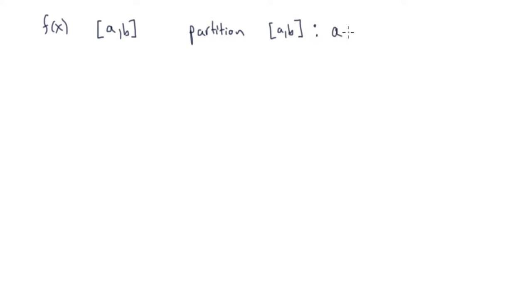So we just pick points. So we'll let a be x0, and then we have x1, x2, all the way up to xn, which we'll let be b. Okay, and so delta x is b minus a over n, which is just the difference between two of these points in my partition, like that.